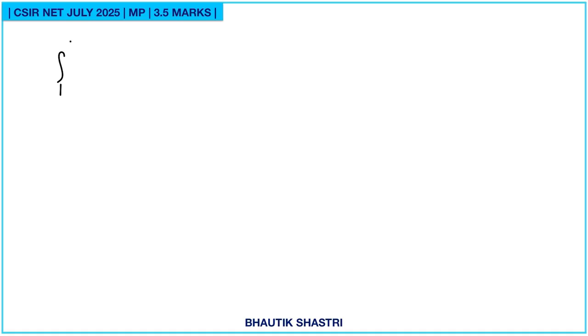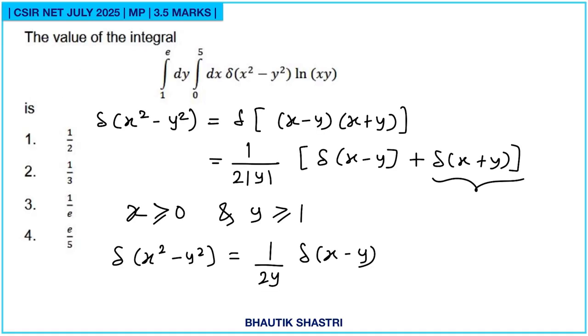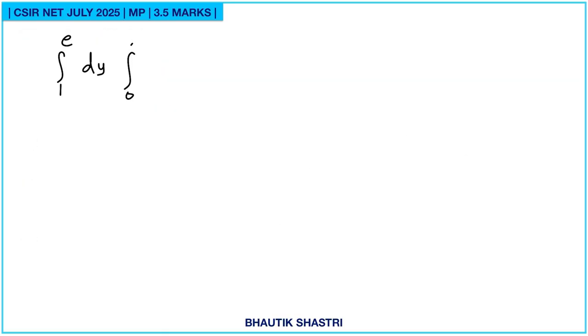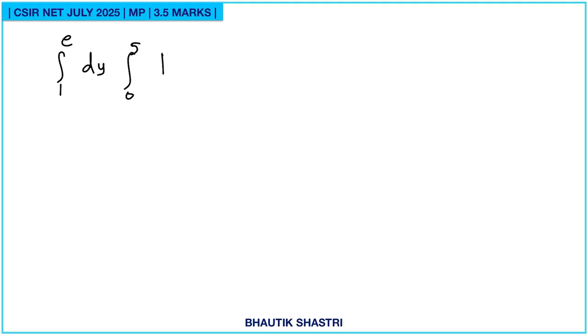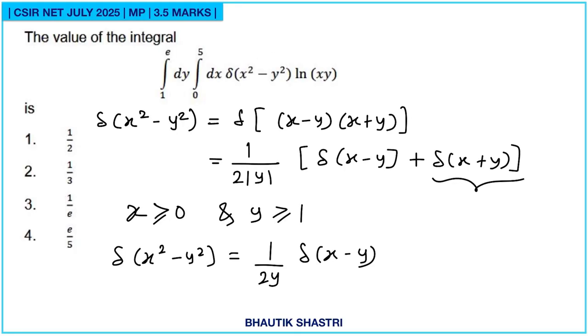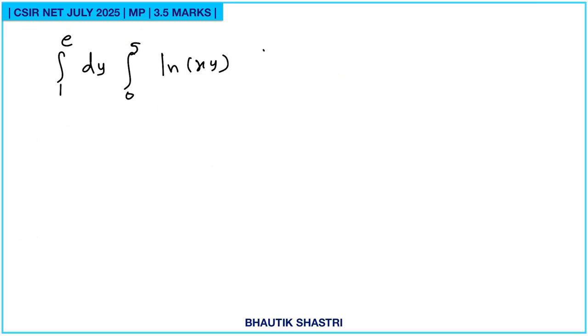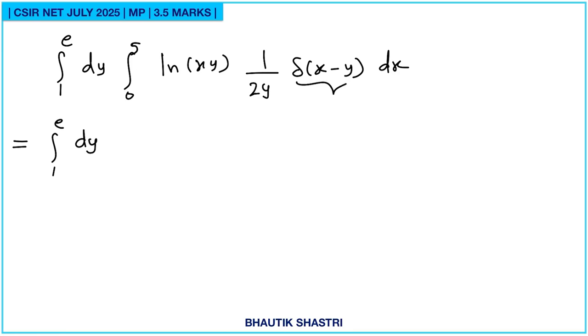We have integral 1 to e dy, then 0 to 5, then we have ln of xy, and this delta function can be written as 1 upon 2y delta of x minus y dx. This is equal to integral 1 to e dy. So this is the function.